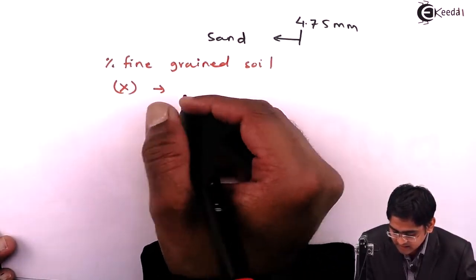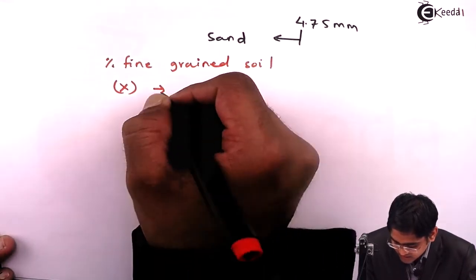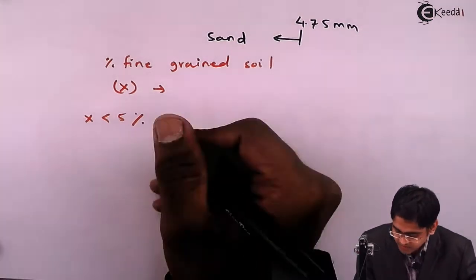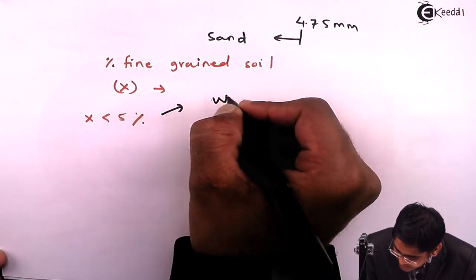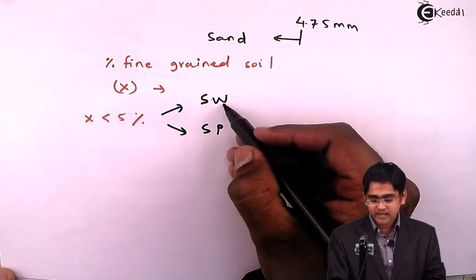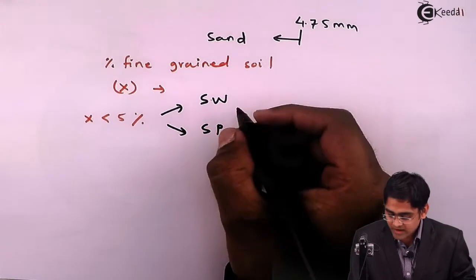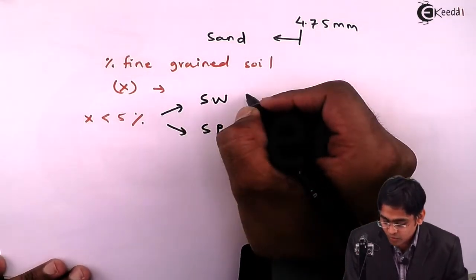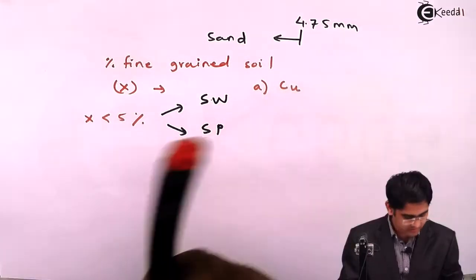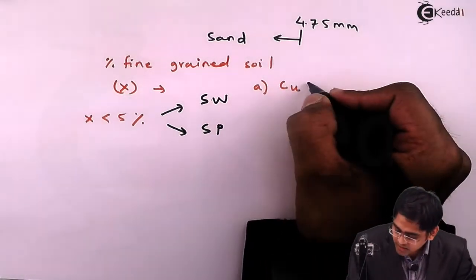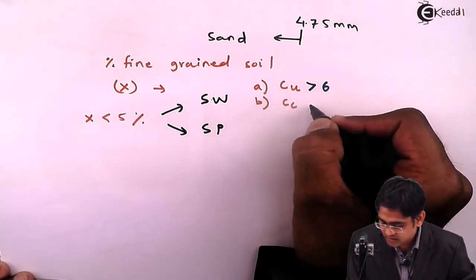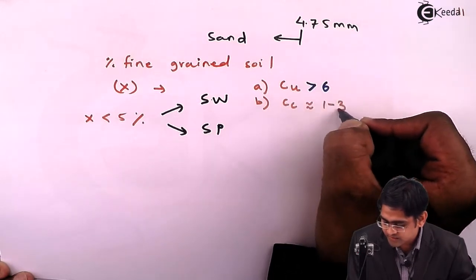If X, the percentage of fine grain, is less than 5%, we go for well graded sand or poorly graded sand. We call it well graded sand when both conditions are satisfied, that means Cu, here it's a change, greater than 6, rest of the thing is as it is, and Cc in between 1 and 3.